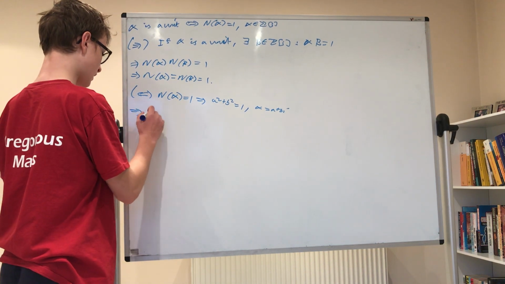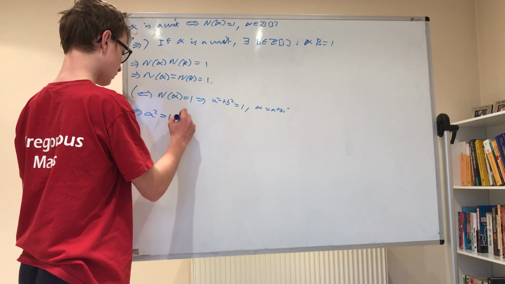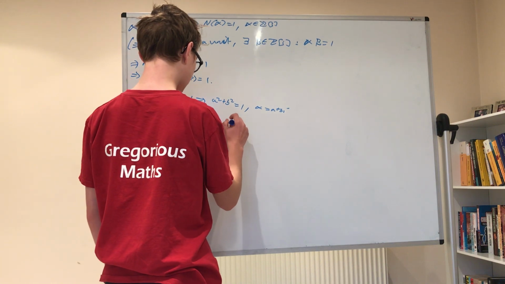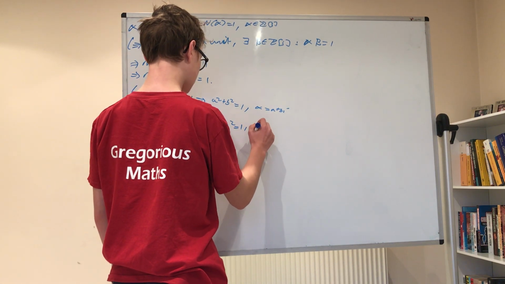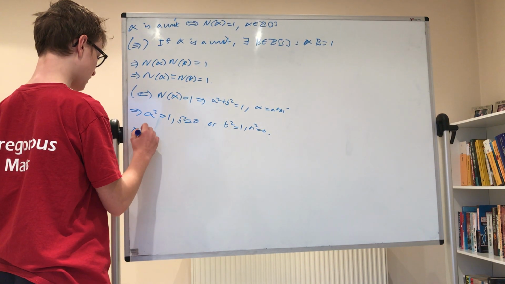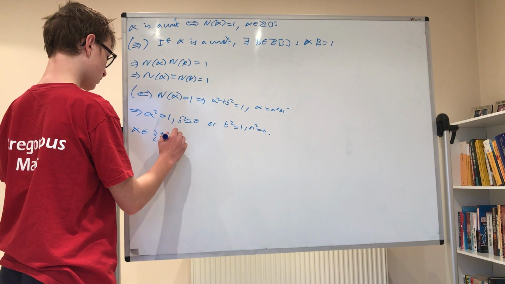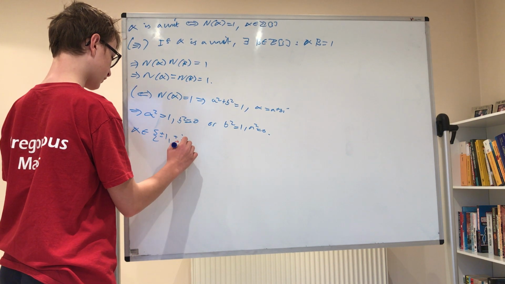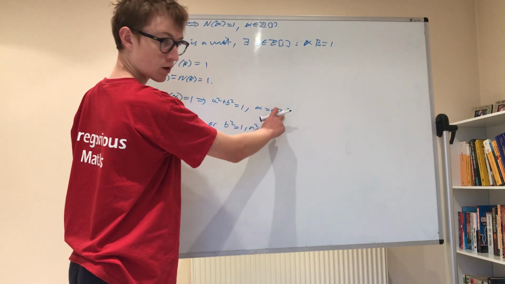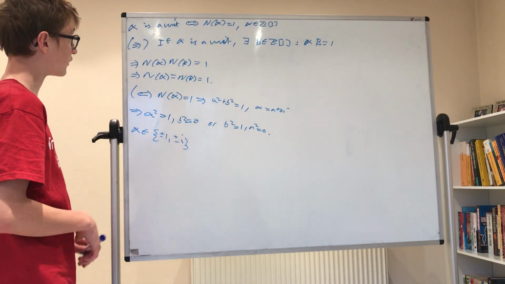And therefore, a squared equals 1 and b squared equals 0, or b squared equals 1 and a squared equals 0, which means that alpha must be in the set containing plus or minus 1 or plus or minus i. Because when b squared equals 1, then b is plus or minus 1, and when a squared is 1, a is plus or minus 1. Alright, so that's the first one done.